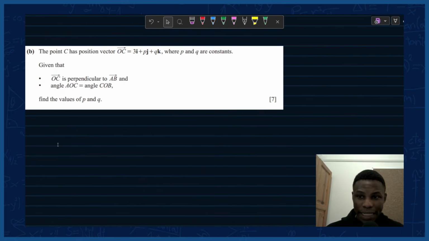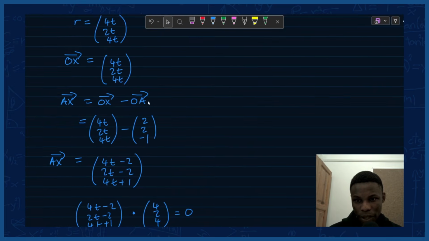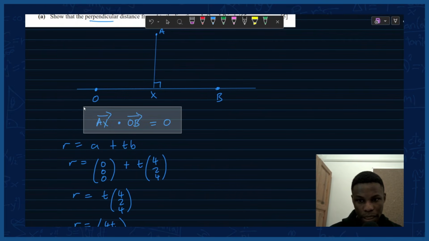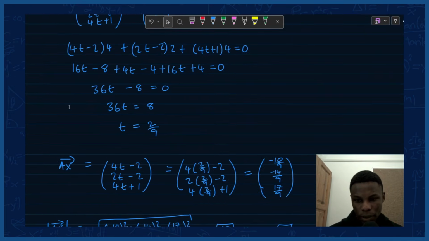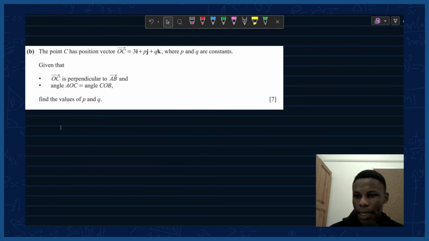Part B. The point C has position vector OC equal to 3i plus pj plus qk, where p and q are constants, given that OC is perpendicular to AB. So once you hear perpendicular, you should be thinking about the same idea we used at the very beginning. If two vectors are perpendicular, their dot product is 0. And then angle AOC is equal to angle COB.